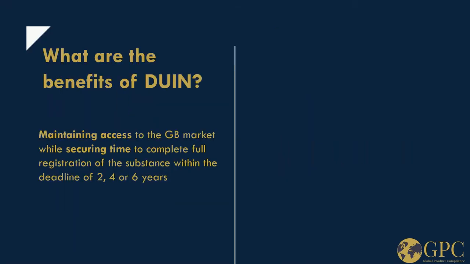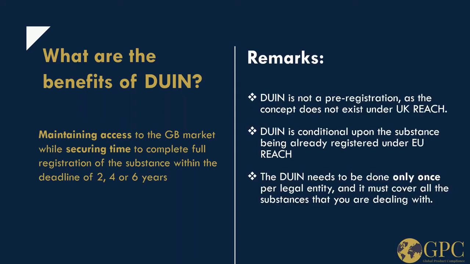So what are the benefits of the DUIN? It's mostly maintaining access to the GB market while securing time to complete full registration without too much stress, because you can have 2, 4, or 6 years to do that. However, there are some remarks.